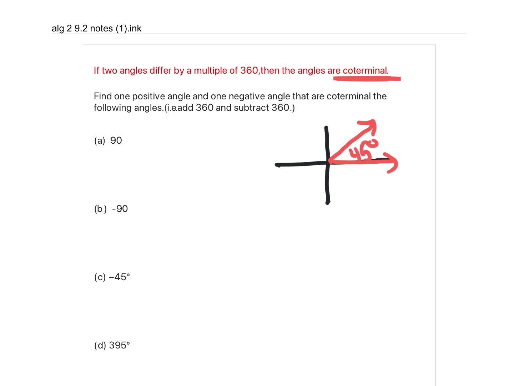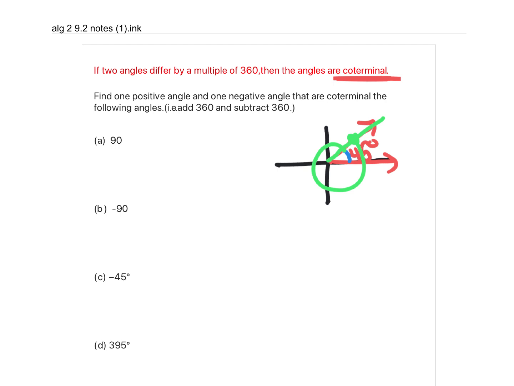To get there, I went from my starting point to 45 degrees and I stopped. Well, I could also go all the way around one more time and stop at the same spot, and I would be in the same location on my coordinate plane as far as my angle goes. However, I'd be 360 degrees further. So coterminal angles have the same position, however, they're 360 degrees apart.